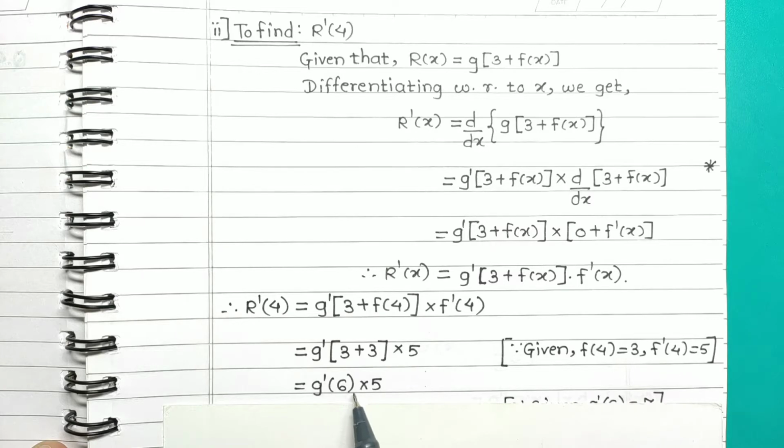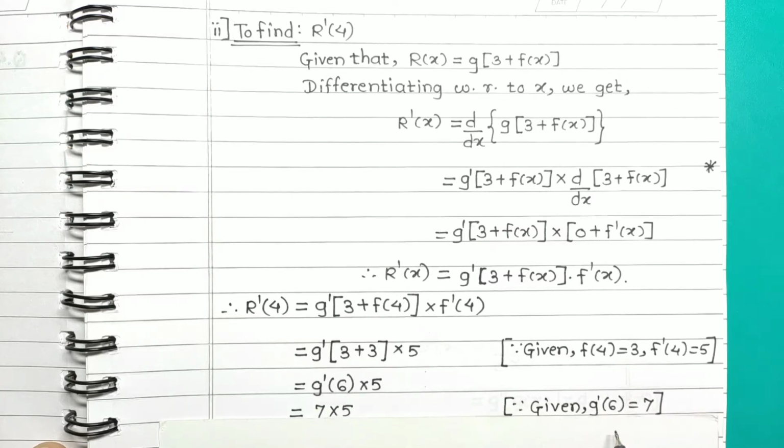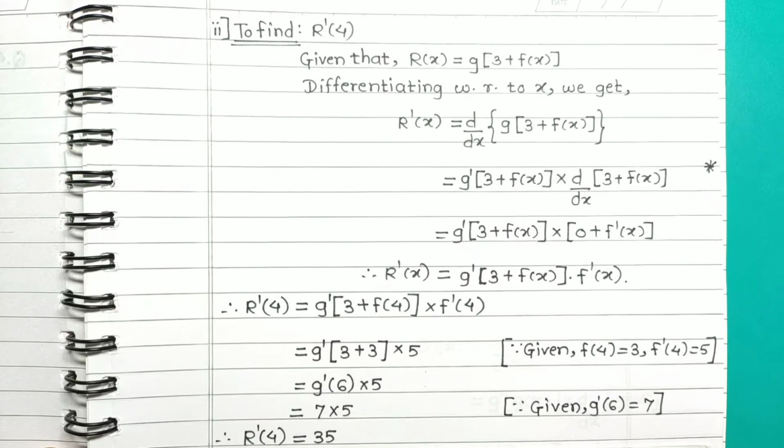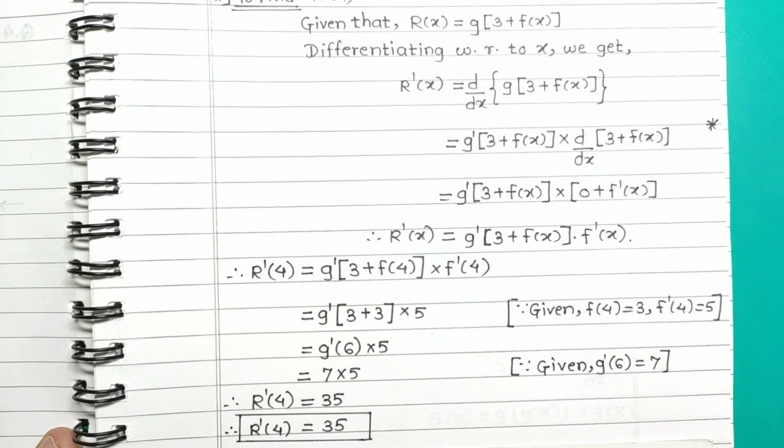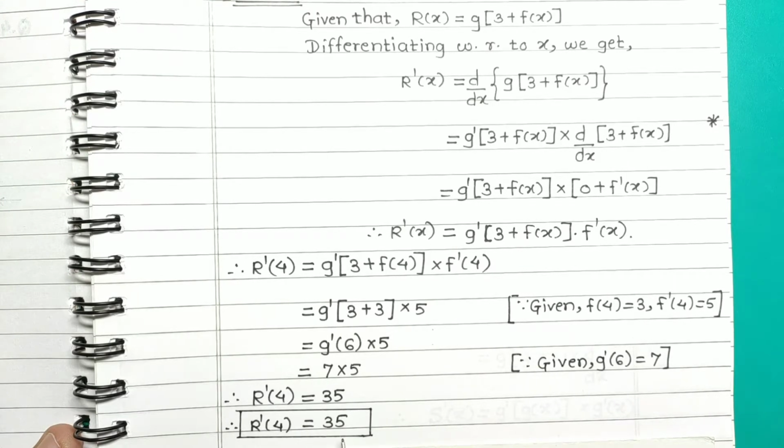Now g dash of 6 is also given. It is given as 6. So substituting that given value, we have 7 into 5, and so it is 35. And so here we have the required value R dash of 4 is equal to 35. You frame the answer like this.